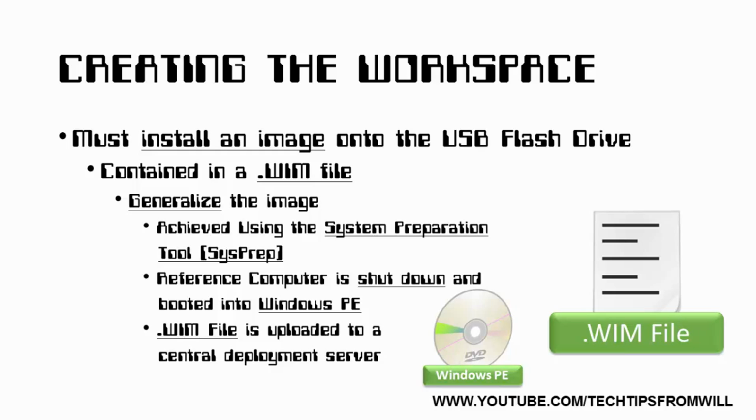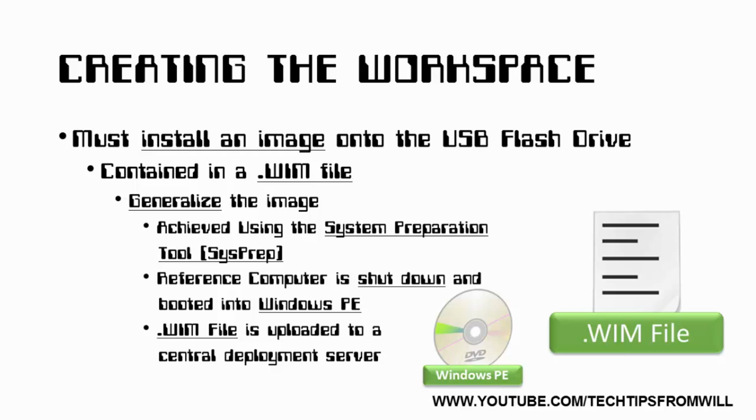When the upload is complete, you can then use the .wim file on the Windows Deployment Services server to create your workspace. Simply put, it does not matter where the .wim file comes from. The process of creating the workspace from the .wim file is exactly the same.